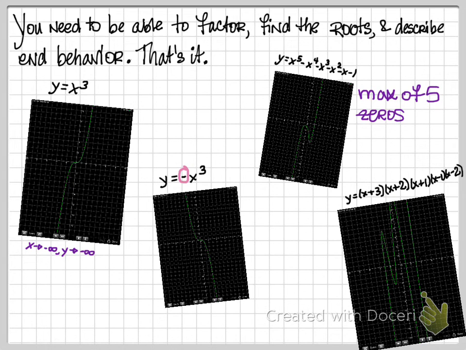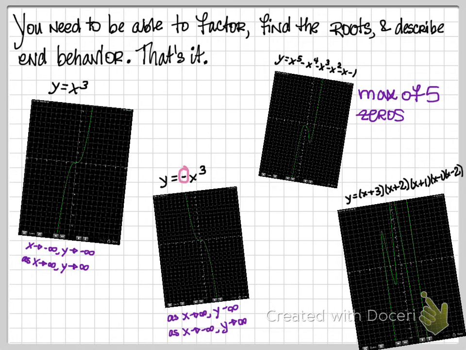As x goes to the right, y goes up. But on this second one, as x goes to the right, y goes down. As x goes to the left, y goes up. You've got to just straight up memorize what all that gibberish means.